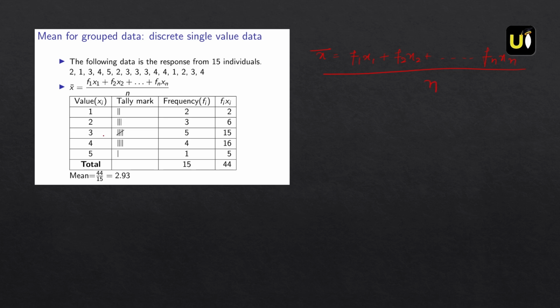Here 1 has a frequency of 2, 2 has a frequency of 3, 3 has a frequency of 5, 4 has a frequency of 4 and 5 has a frequency of 1. So here the value is xi, the frequency is fi, and here fi xi.